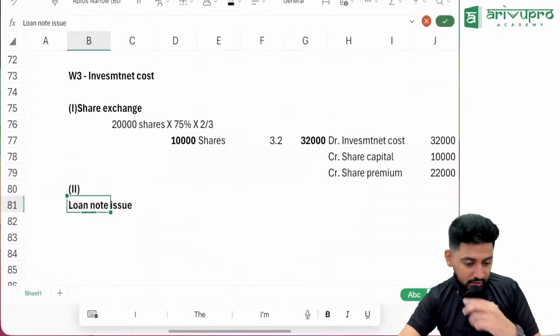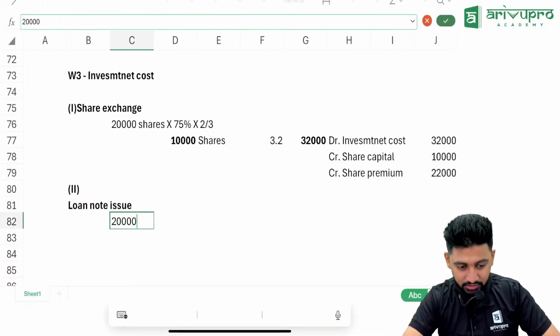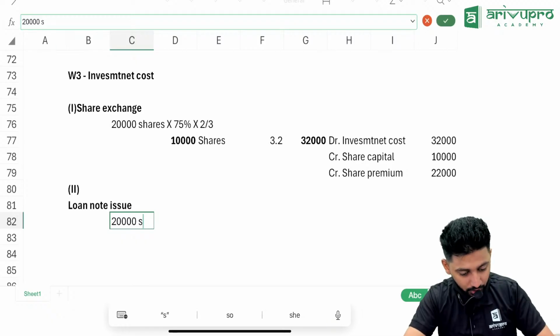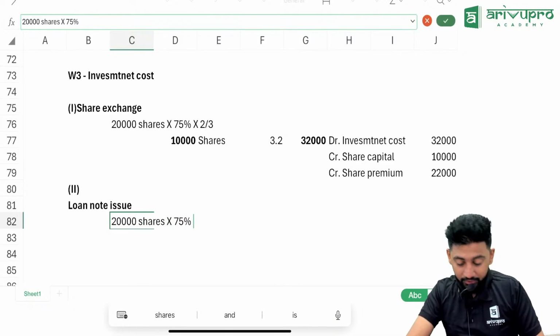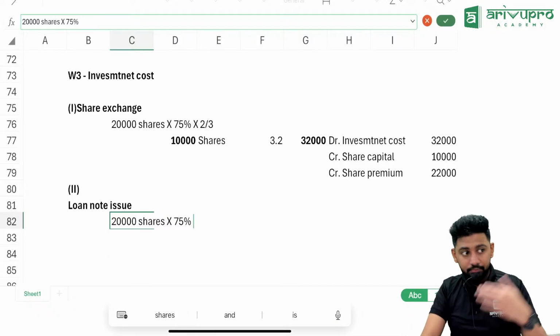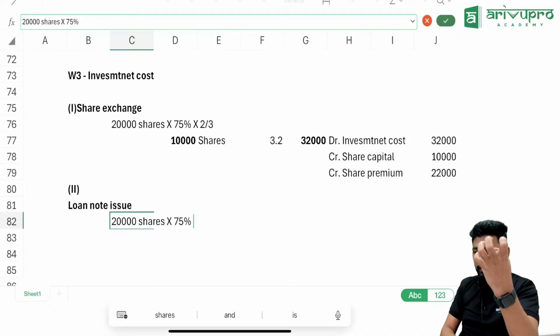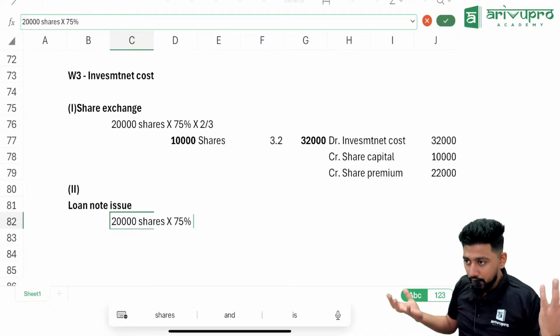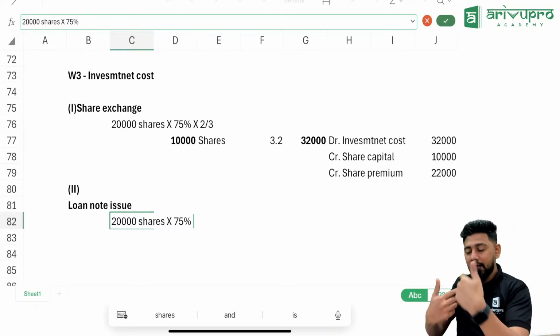So how many shares are you issuing? Subsidiary has 20,000 shares. Out of 20,000 shares, you are acquiring 75%. That is the number of shares that you are acquiring. For every share that you are acquiring, you are going for a 100 loan, and you are issuing it at 100.